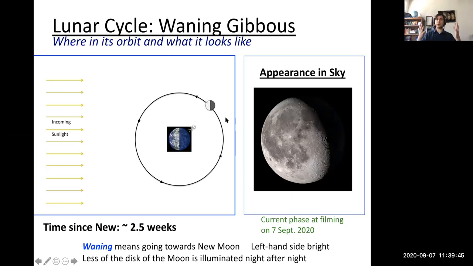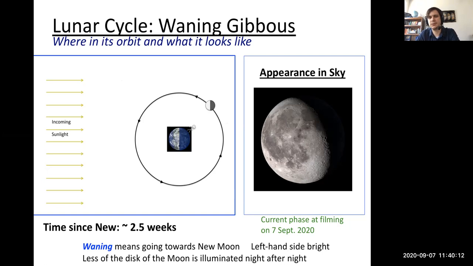As of the filming, 7 September, that's today that I'm filming right now, this is the current phase of the moon. I could extend this and I could draw my horizon and my meridian towards zenith, or really the meridian line. So I could figure out that this moon is highest in the sky if this is midnight and this is 6 a.m. at 3 a.m. So rewind that by about 6 hours.